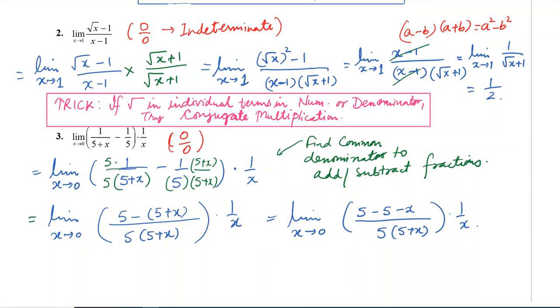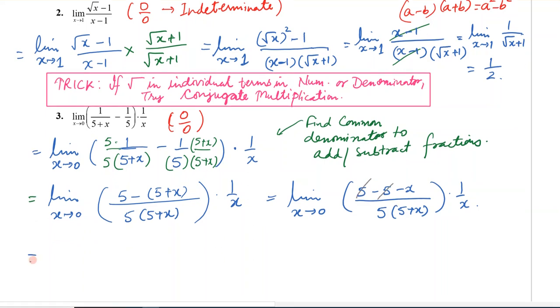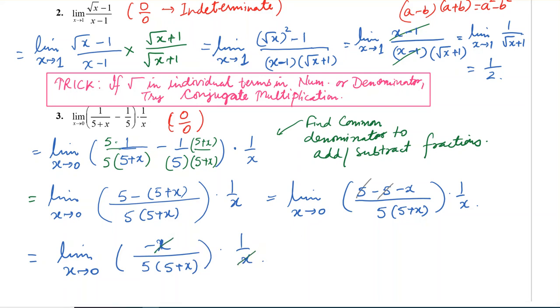And here we notice that our terms 5 and negative 5 get cancelled out. And we get limit x approaching 0 of negative x over 5 times 5 plus x, times 1 over x. I was thinking ahead. So we get negative 1 now because x and x cancel each other.